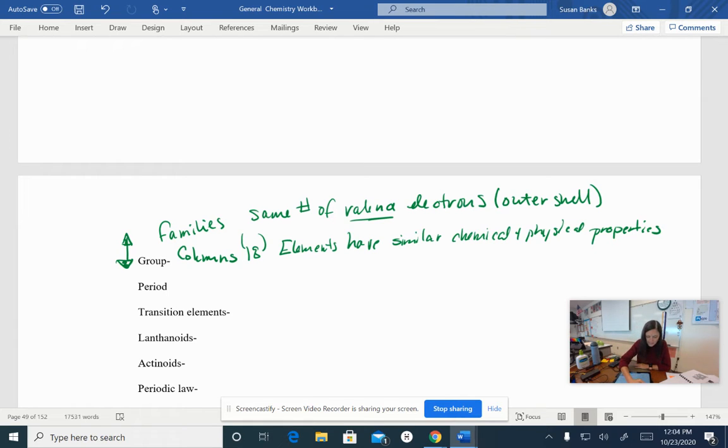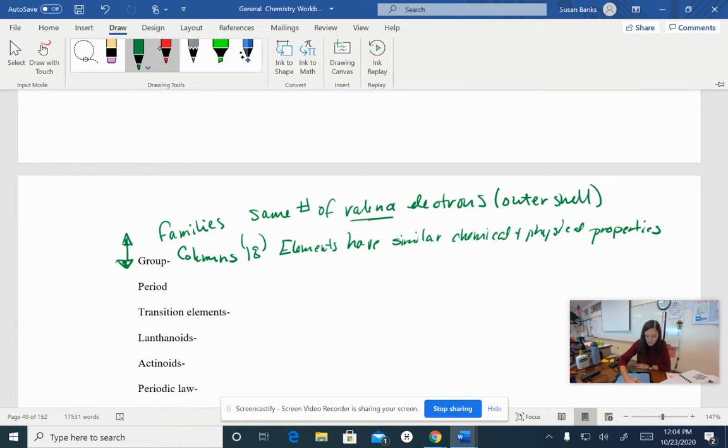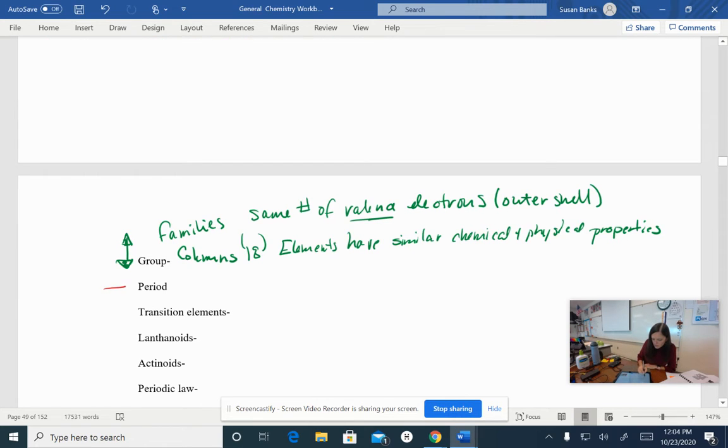Okay, next thing, we want to talk about periods. Now, on the periodic table, we are talking about rows. Okay, so the periods are the horizontal rows. Okay, now our rows have to do with energy levels.